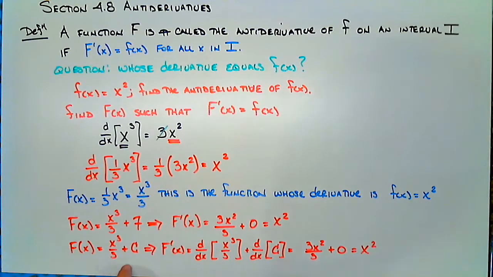So if we have any constant, when we take the derivative of that constant, we get 0. So when we're taking antiderivatives, it is not the case that only one function turns out to be our answer. It's the case that all functions plus a constant turn out to be our solution.